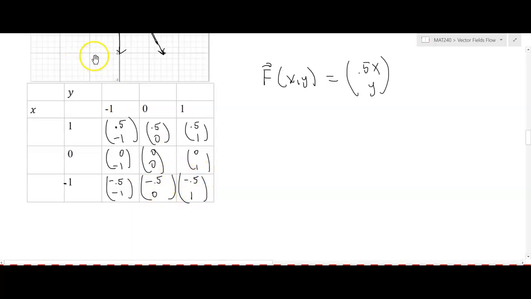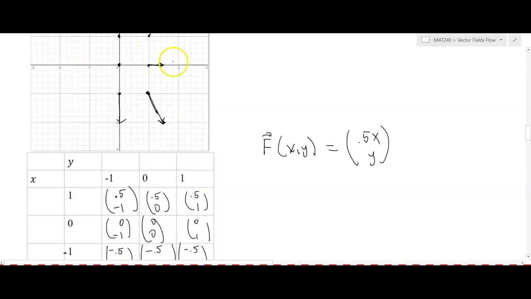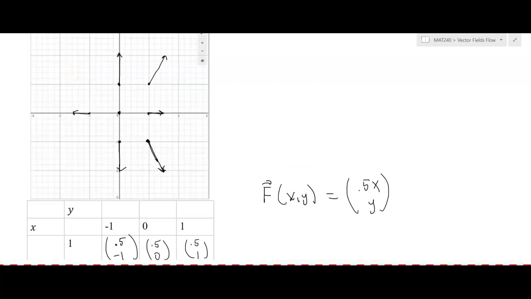So basically these vectors over here are mirror images of these ones over here, but they just point away from the origin. And this one at negative 1, 1 should point to that location, and this one down here should point to that location. And so there's just a sample of our vector field.